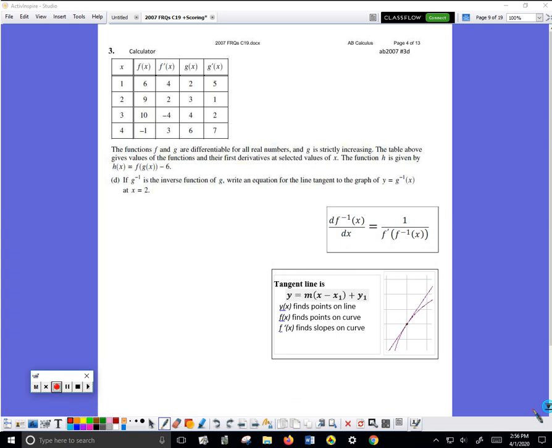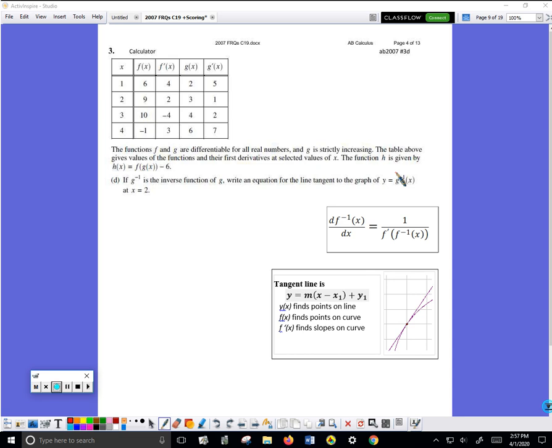Okay, part 3D. As soon as they say that g to the -1 power is the inverse function of g, I am immediately thinking of this formula here. Write an expression for the line tangent to the inverse of g at x equals 2. So now remember this from the golden notes.